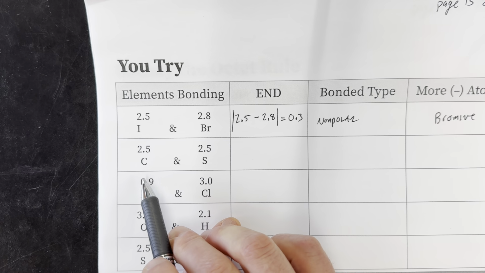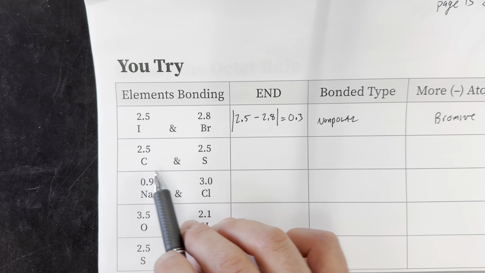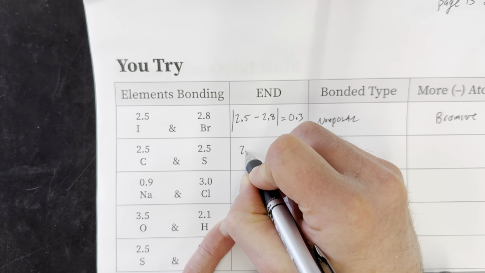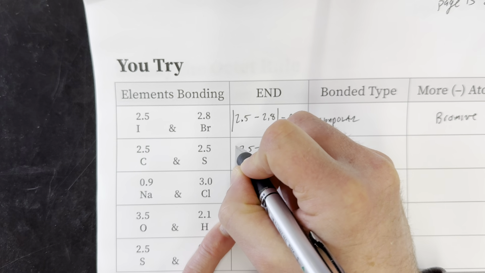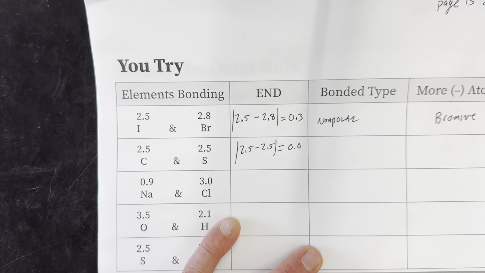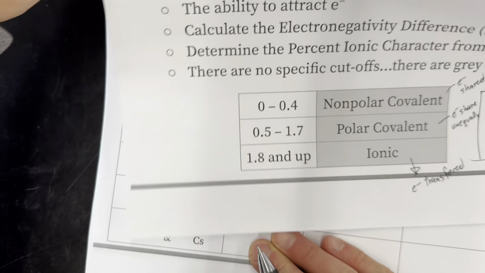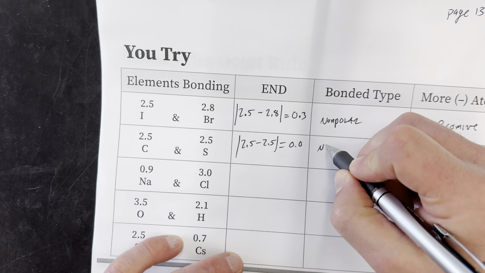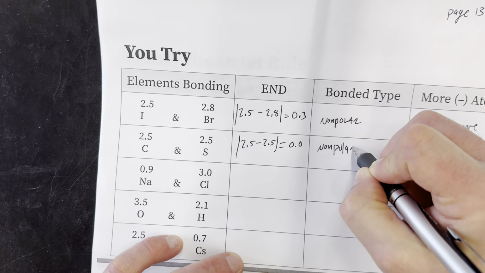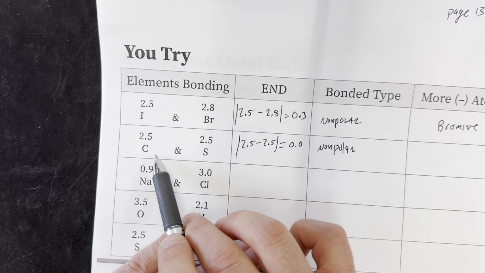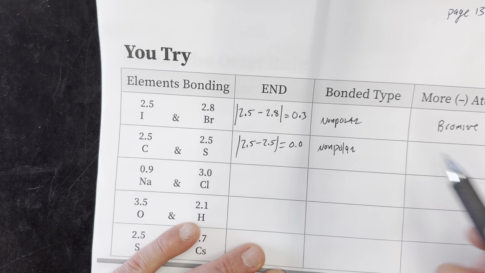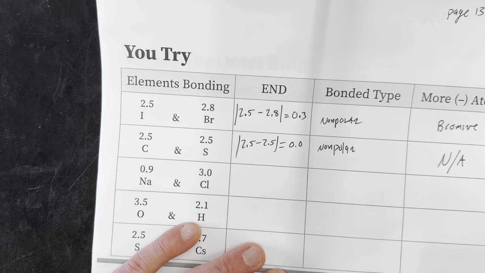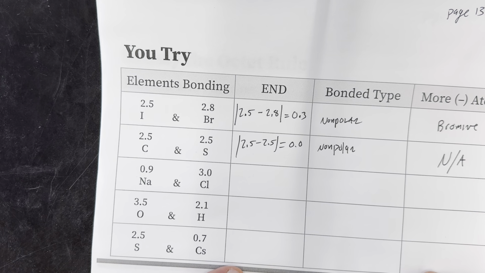Okay, so then we have 2.5 for carbon and 2.5 for sulfur. I'm going to take 2.5 minus 2.5, and I get 0.0. Going back to my chart, 0.0 is nonpolar covalent. In this case, both of the electronegativity values are exactly the same, so the electron is shared equally, so the more electronegative atom is not applicable.